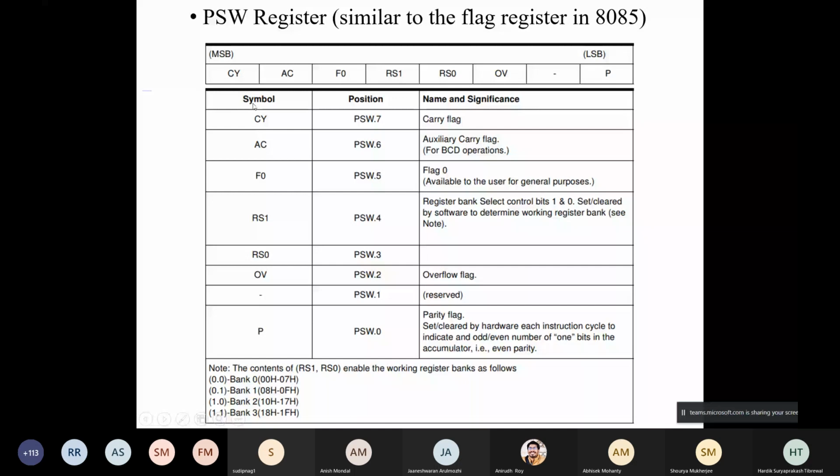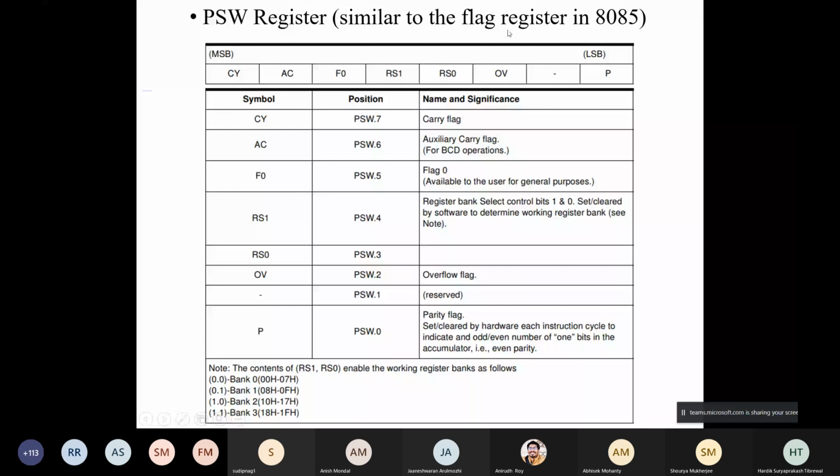So program status word, as I read, is a flag register. In 8085, which is another older microprocessor, not a microcontroller, an 8-bit microprocessor which came even before 8051, the PSW was originally called the flag register.